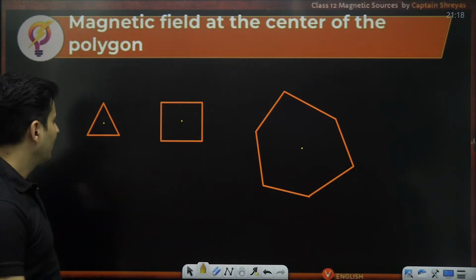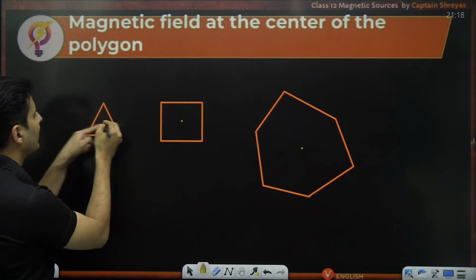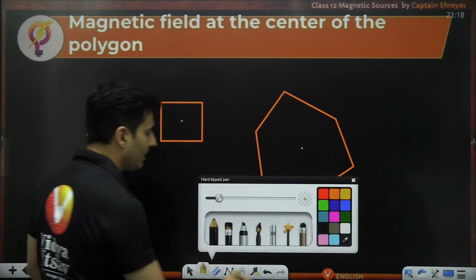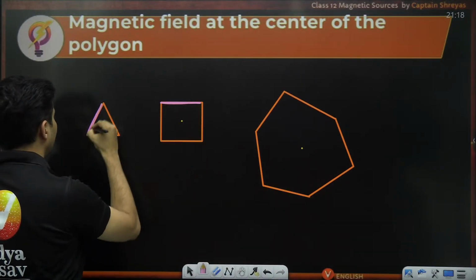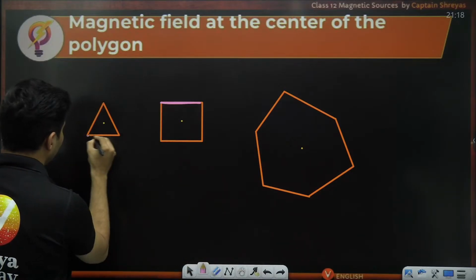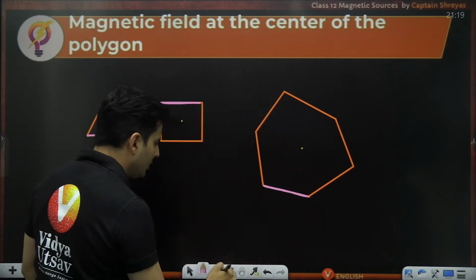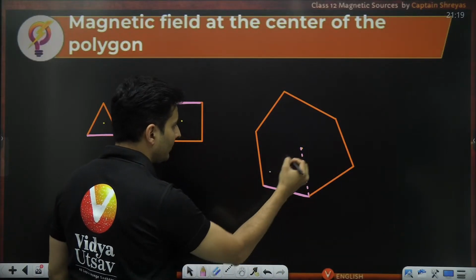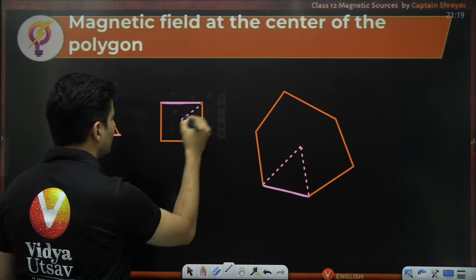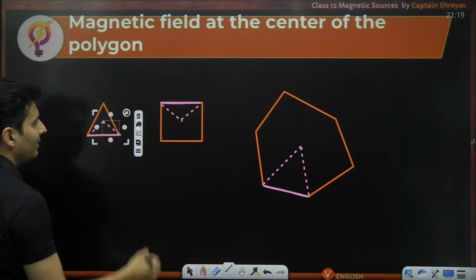I'll tell you what. You take any one side and find the magnetic field due to that side. For example, I take this side, or this side, and join the ends of that particular side with the point where you want to find the field.